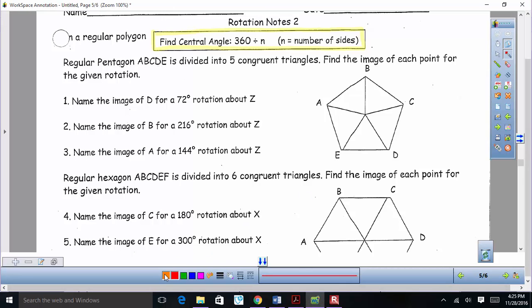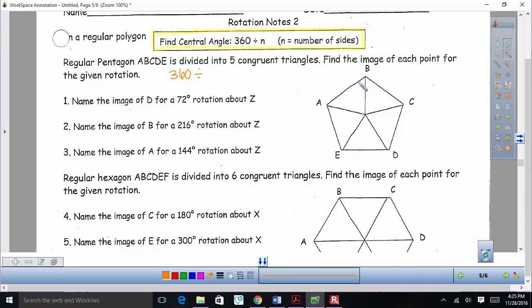So let's look at this first example. It says regular pentagon ABCDE is divided into 5 congruent triangles. Find the image of each point for the given rotation. So we're going to take 360 and we are going to divide that by the number of sides.